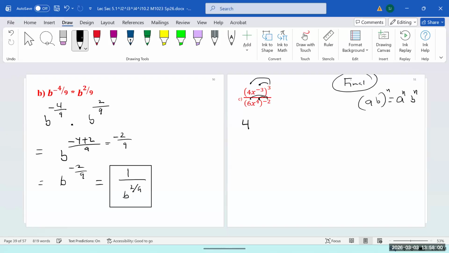On the numerator, we have 4x to the negative 3. On the denominator, we have 6x to the 4. They have the individual power. So numerator gets the 3 power, and denominator gets the negative 2 power. And now comes the second rule.